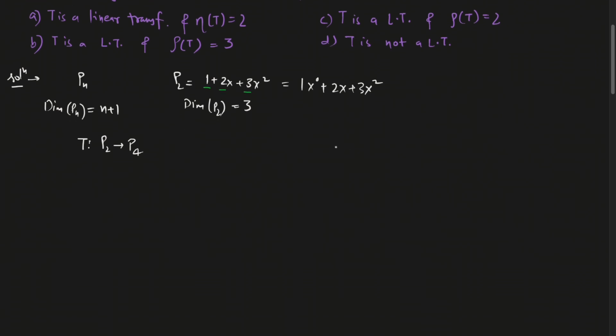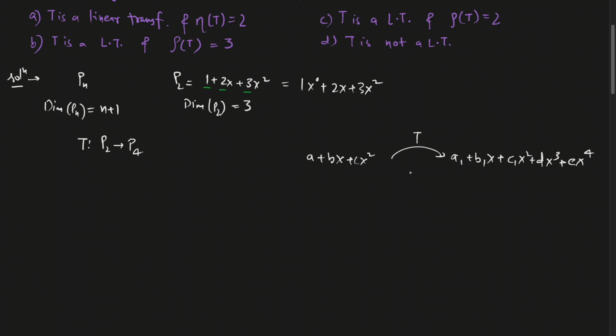So you can say that it is transforming polynomials of this type, a plus bx plus cx square, into, let us suppose, a1 plus b1x plus c1x square plus dx cube plus ex to the power 4. Yeah, so T is doing this transformation.